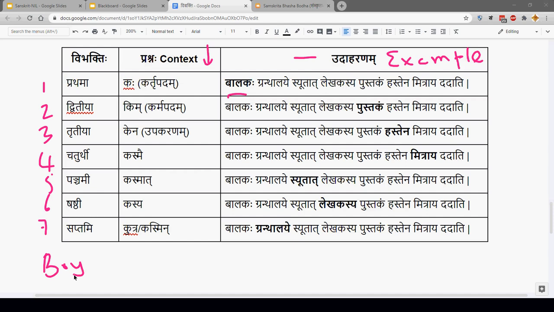And Vidyalaya means the place of knowledge or the place of study. So Granthalaya is library. The sentence means a boy in the library.